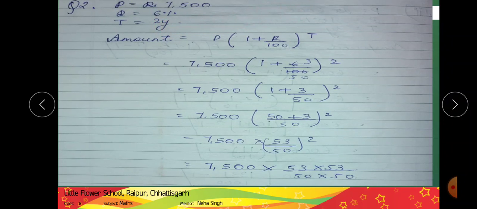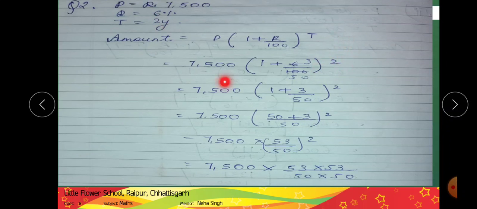And we'll put the values. Instead of P we'll put 7,500 because it is given, right? Instead of R we'll put 6% because R is given 6, and upon 100, and in place of T we'll put 2. Time is given 2 years.